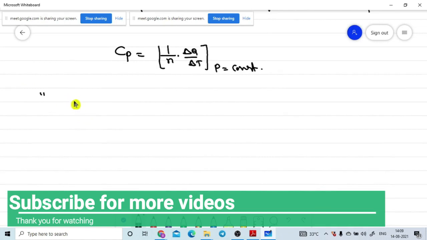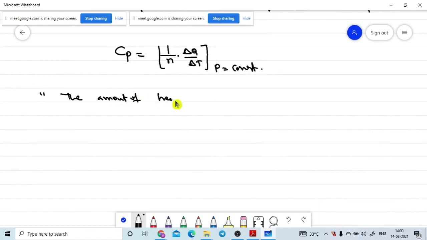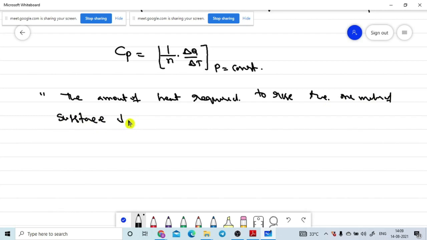The amount of heat required to raise 1 mole of substance by unit temperature at constant pressure. This is the definition for the molar specific heat capacity at constant pressure.